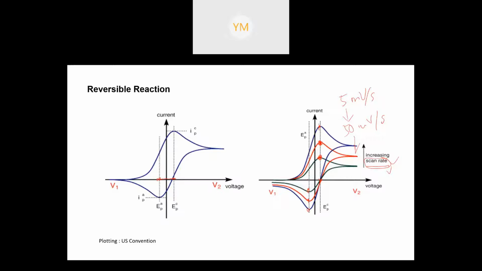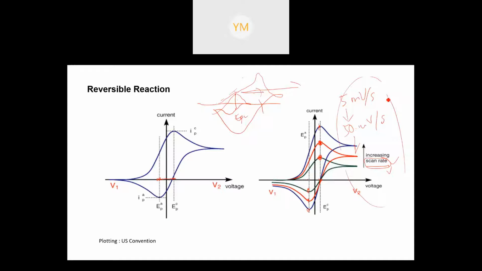If it were dependent, you would see EPC or EPA move according to the increase of scan rate.